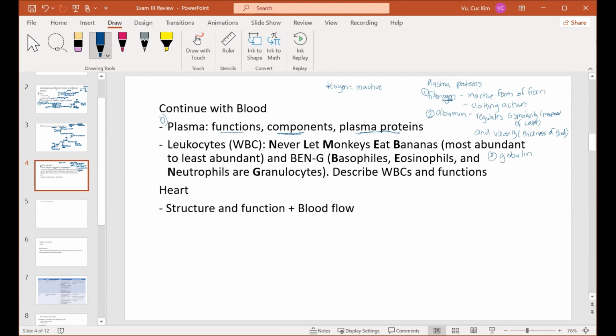So globulins, okay? So globulins, there are three main types, okay? So under globulins, there are three main types. There's alpha and beta. And I lump them together because alpha and beta globulins are similar in that they're transport proteins. They transport things in plasma.